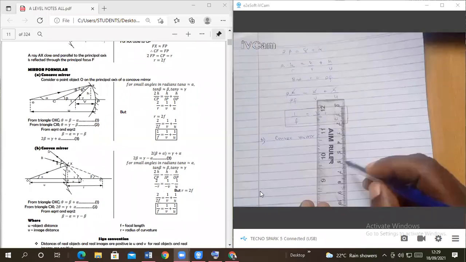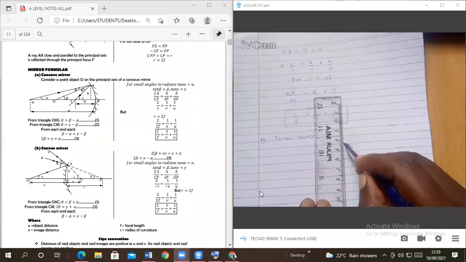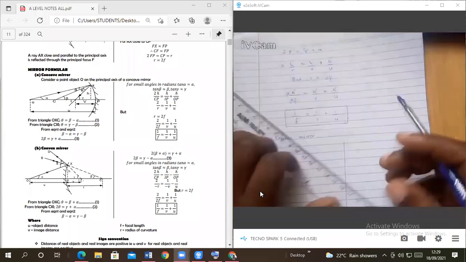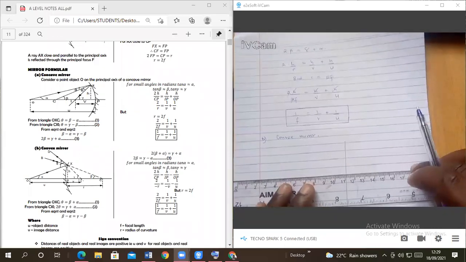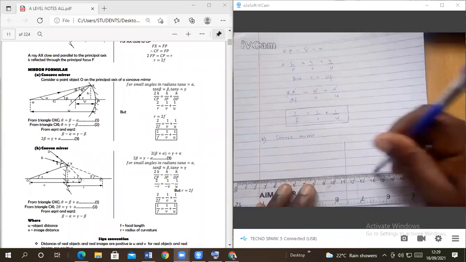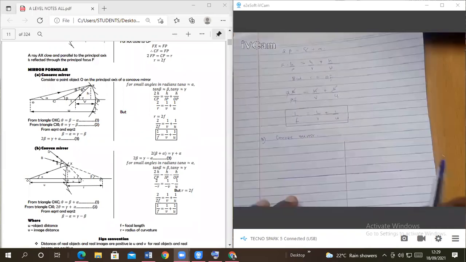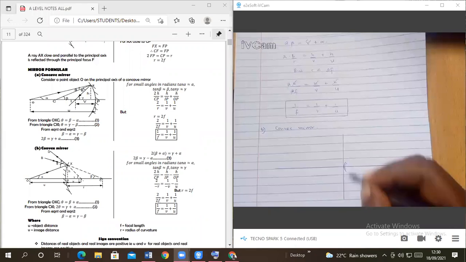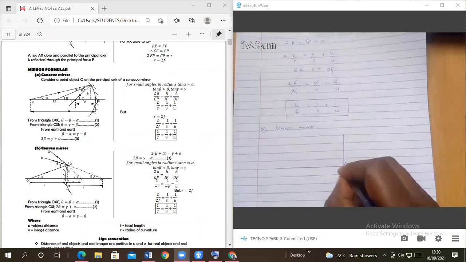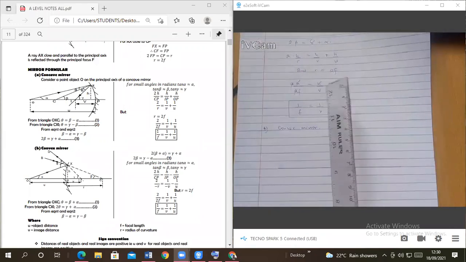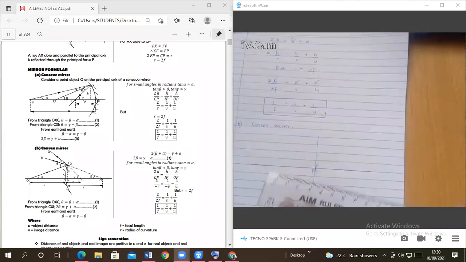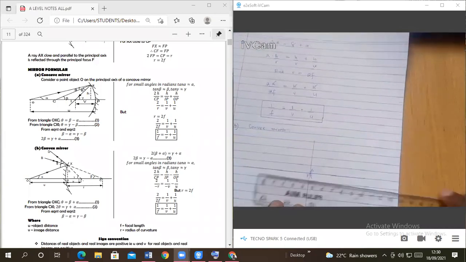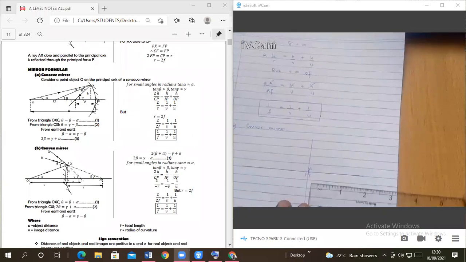So we first draw our line like that to illustrate the pole of the mirror. Then we shall draw this to indicate that this is a convex mirror we are dealing with. This is P. First of all, we can have our demarcations here.